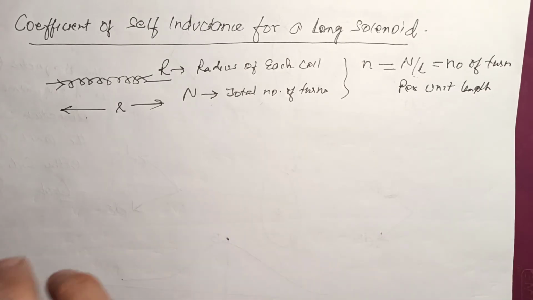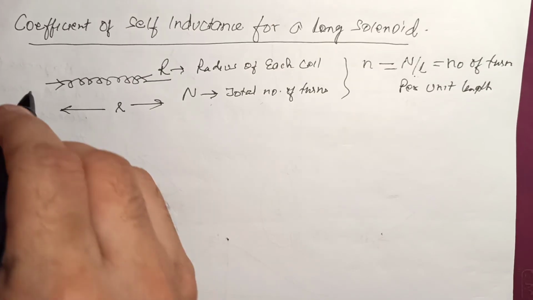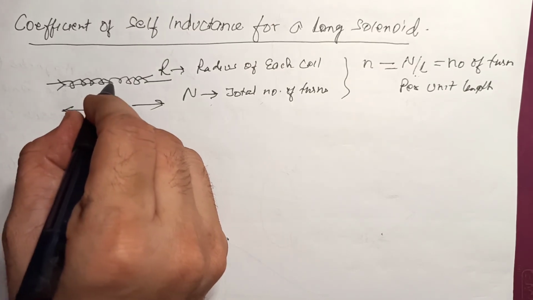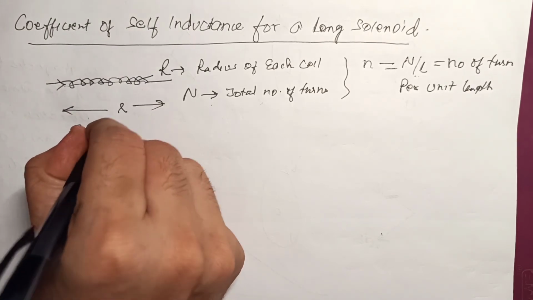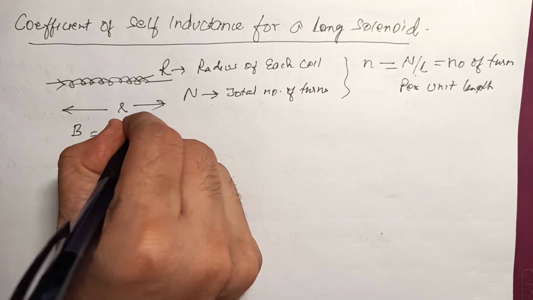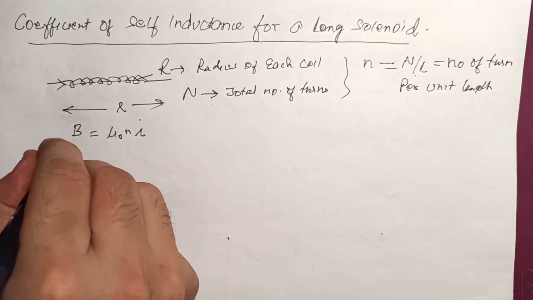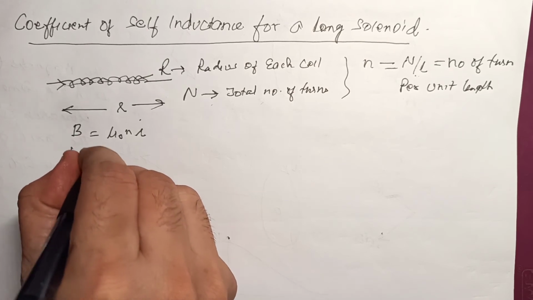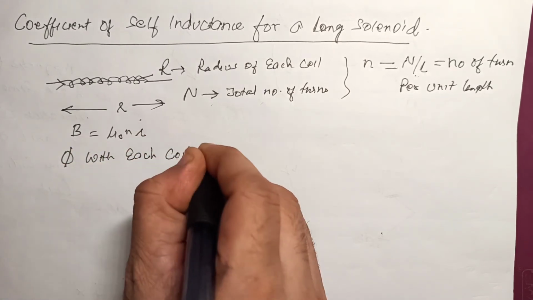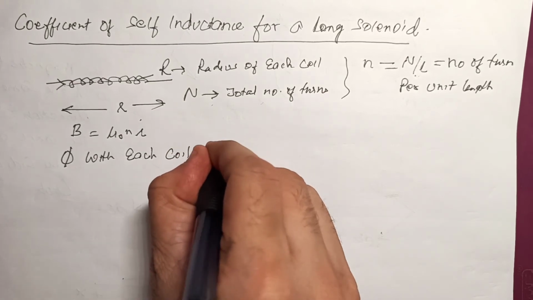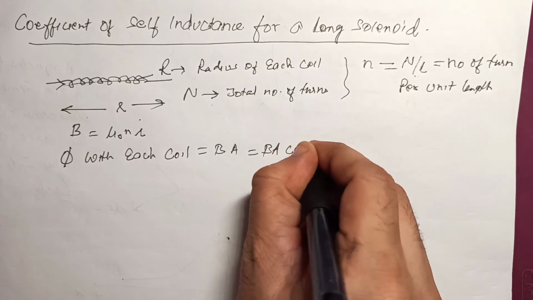Now we know the magnetic field in this solenoid is in the direction of the axis. We have studied this, right? So B is equal to mu naught n i. This is what we derived, right? Now magnetic flux with each coil is equal to BA, which is BA cos 0.